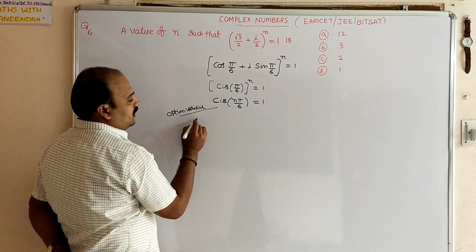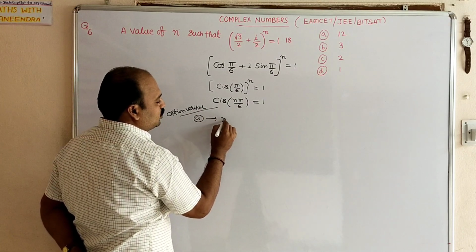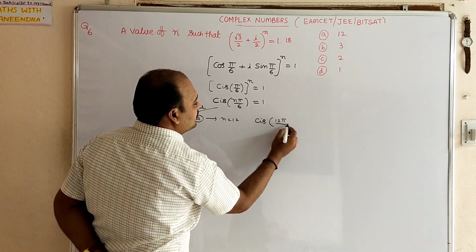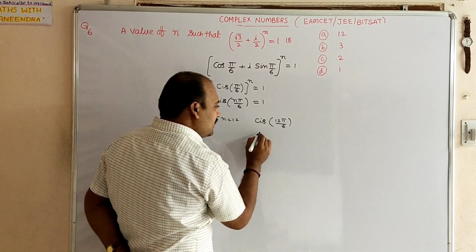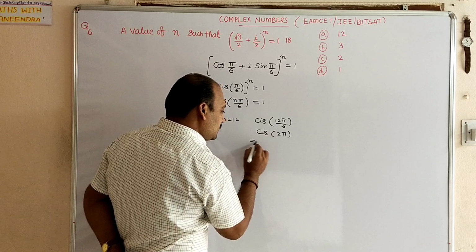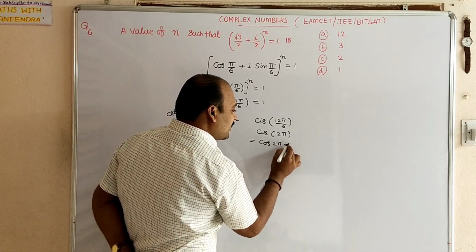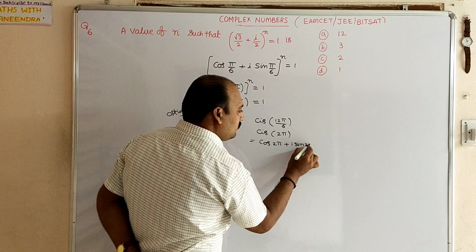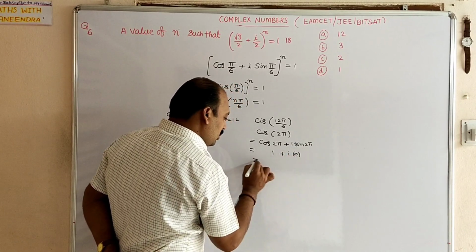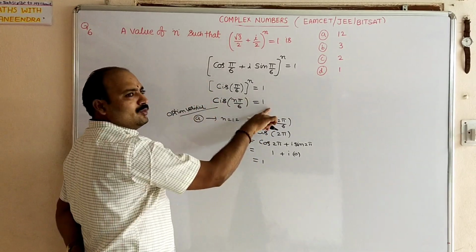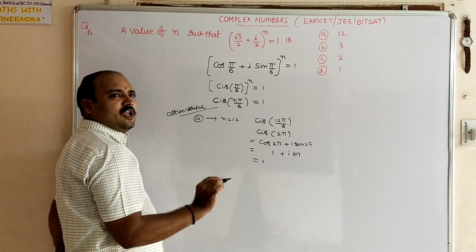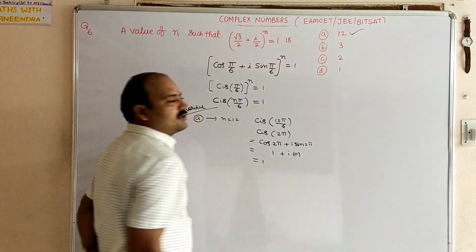First option I am selecting, n is equal to 12. So cis of 12 pi by 6, that means cis of 2 pi, that means cos 2 pi plus i sin 2 pi. Cos 2 pi value is 1 plus i into sin 2 pi value 0. So it will ultimately be 1. We are getting 1 only. So n is equal to 12 is the right answer. No need to go for B option, C option, D option. So 12 is the right option.